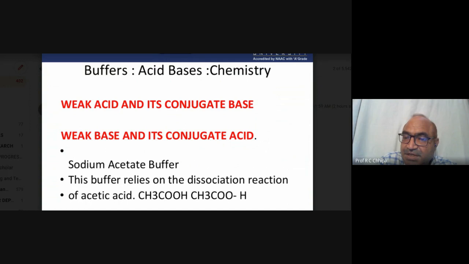So acetate, we are taking in the form of sodium acetate. Sodium acetate itself is a salt. Salt of which one? Salt of an acid and a base. The acid is acetic acid and the base is a strong base, sodium hydroxide. We have already discussed the alkali metals, sodium hydroxide.